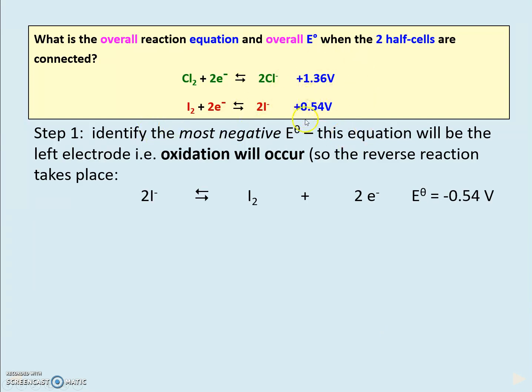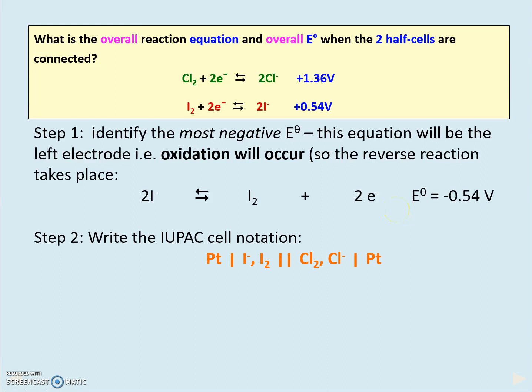Identify which is the most negative electrode potential, because this will become our oxidation reaction, i.e. our left-handed electrode. And so the iodide is the most negative, so we know that this would be reversed, and this will be the equation we're looking at.